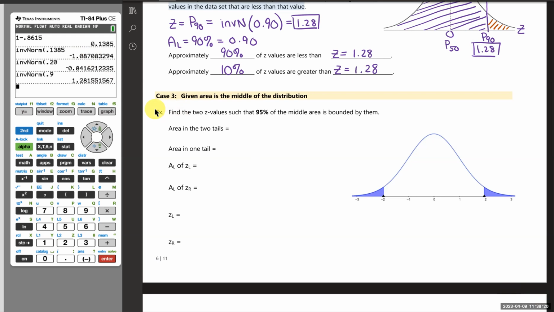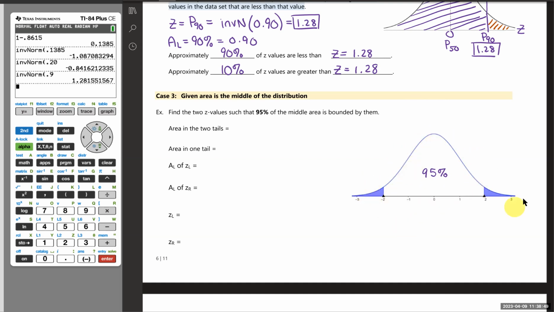It says find the 2 z values such that 95% of the middle area is bounded by them. So the middle 95%, 95% of the data. Back in chapter 3, we talked informally about this number and said that data that was part of the middle 95% would still be considered typical.